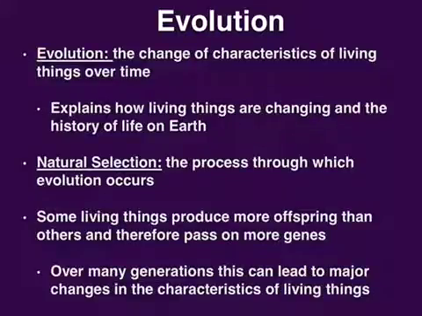This is when organisms better suited to their environment live on to reproduce and pass on their genes, whereas organisms less well suited to survive in their environment do not live long enough to pass on their genes. Over many generations, this can lead to major changes in the characteristics of living things.